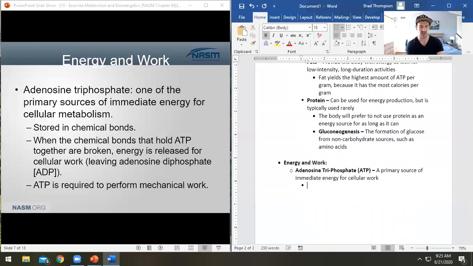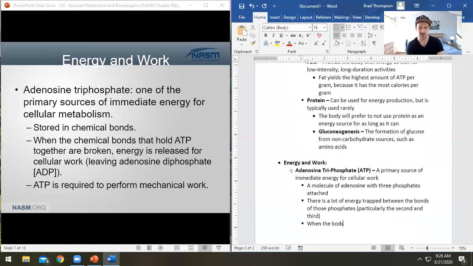Basically, it is a molecule of adenosine with 3 phosphates attached. There is a lot of energy trapped between the bonds of those phosphates, particularly the second and third.